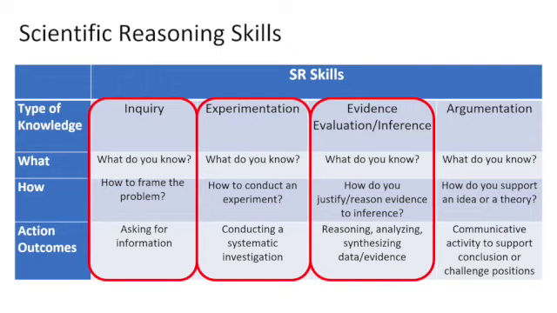There are also action outcomes associated with the types of knowledge. For example, when evaluating evidence, a person needs to know how to analyze and synthesize data. In general, what a person already knows will have huge impacts on how he or she asks for more information, conducts investigations, and analyzes and interprets data.